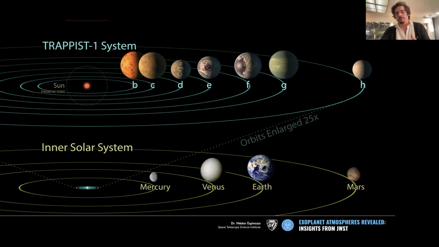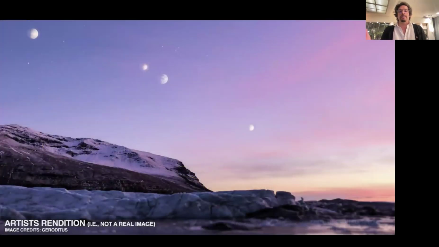We haven't been able to travel to this thing yet. It's an illustration of what it would be to stand on TRAPPIST-1e, assuming that it has an atmosphere like the Earth, which we don't know yet, and I'm going to show you how we're trying to figure that out. This is an illustration of how that would look. So you see how in the sky, because the system is so compact, you could see the planets in the sky like big moons, and you can even figure out what the weather looks like in your neighboring planets.